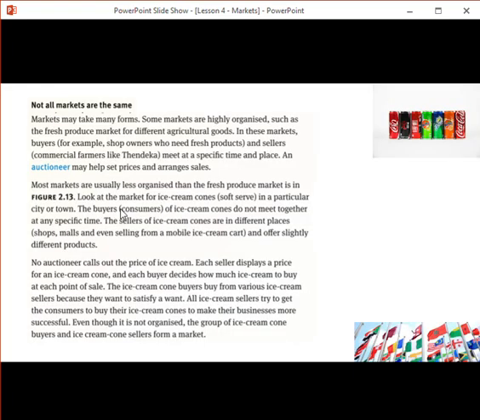Okay, then we look at another aspect of markets. Not all the markets are the same. They've got many forms. Some are very organized, and that you'll get, for example, if you look at Checkers or Food Lover's Market. There's a fresh produce section, and there's different agricultural goods. Okay, so they've got a whole variety. You've got your vegetables, your fruits, your fresh poultry.